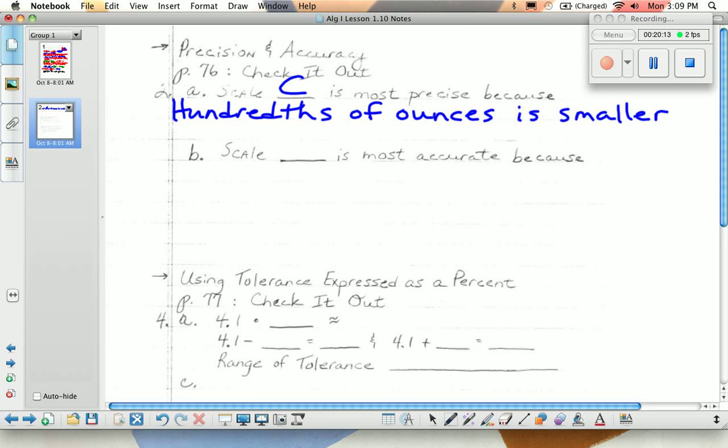So that's kind of what we're doing here. We're justifying hundredths of ounces is smaller than tenths of ounces. So we say scale C is measuring most precisely.